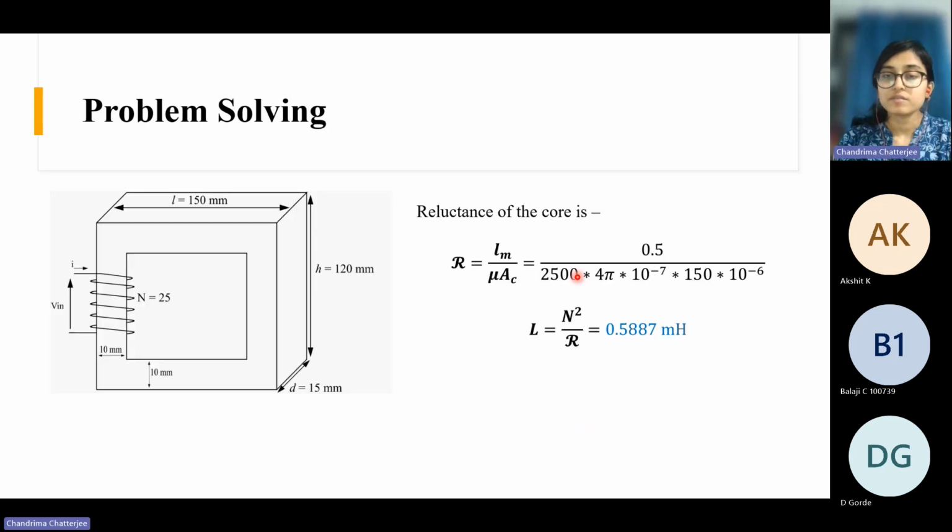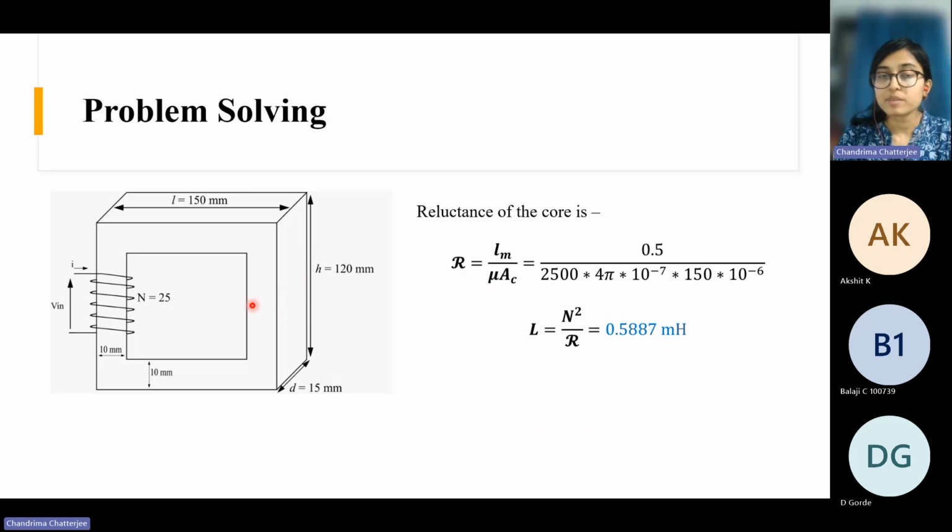So let's see. We know the reluctance of the core. Core reluctance we can find from this formula, Lm by mu Ac. Lm is the magnetic mean path length, mu is the permeability, and Ac is the core cross-sectional area. Now Lm and mu we already know, and the cross-sectional area we will have to find from the core geometry.